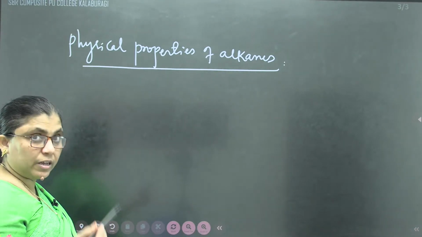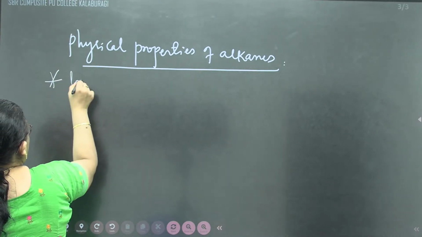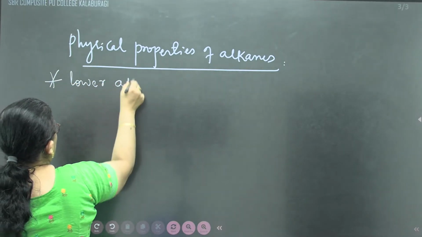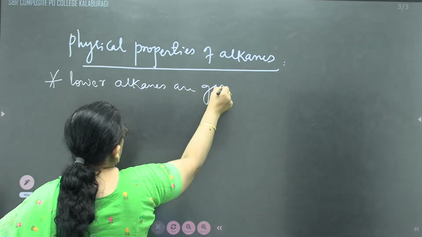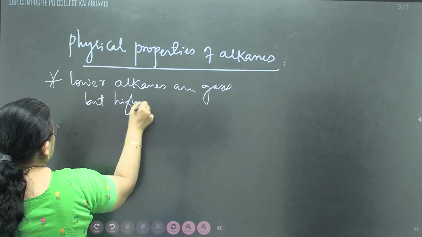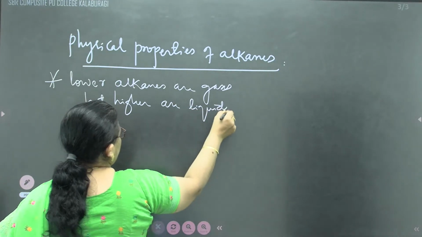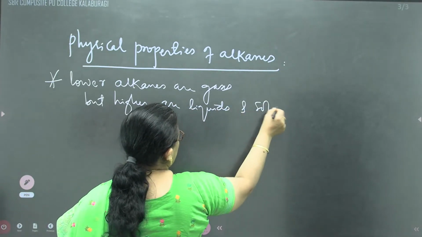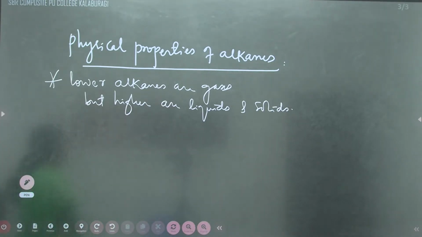Physical state: lower alkanes are gases, but higher ones are liquids and solids. And another point, boiling point.